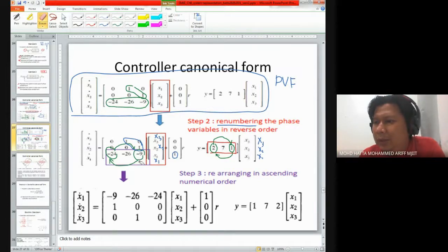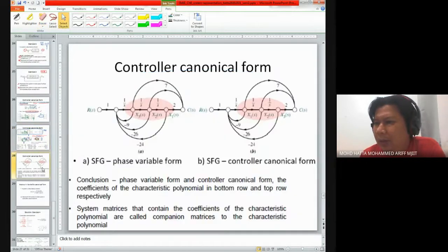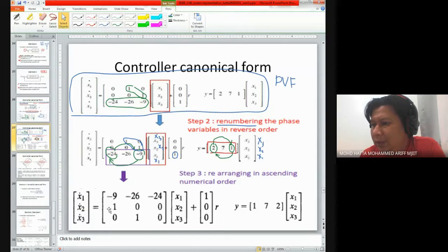I will give you time to get back into this example and learn how we convert from phase variable form into a controller canonical form. And if we have this state space model, we can easily write the differential equation based on the matrix setup that we have over here.